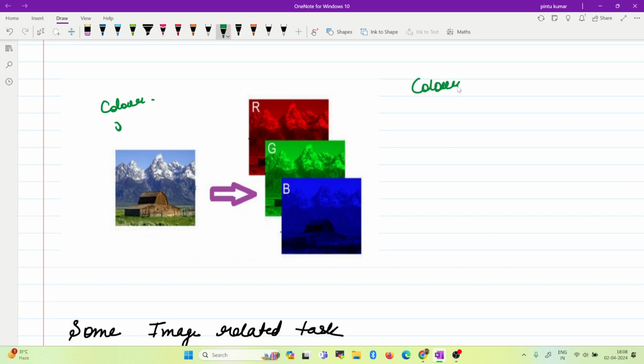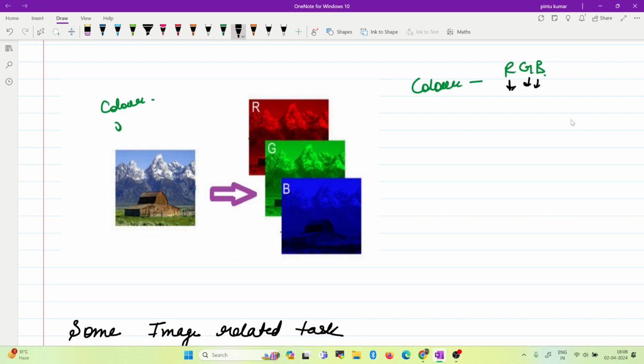One of the most common ways is to represent it using RGB. What this means is that any color you see can be created using some ratio of red, green, and blue. These are your primary colors, and you can create any color using the appropriate ratio of these colors.